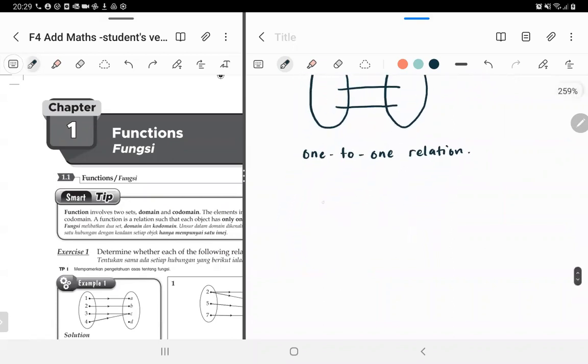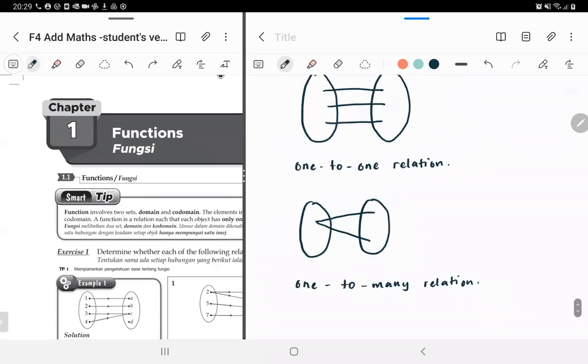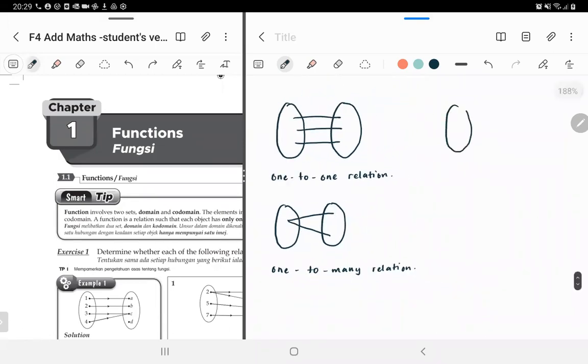If we have these two overviews and their relationship is like this, where one number is mapped to two different numbers, then we say this is a one-to-many relation. If two numbers are mapped to one number like this one, then we say this is a many-to-one relation.